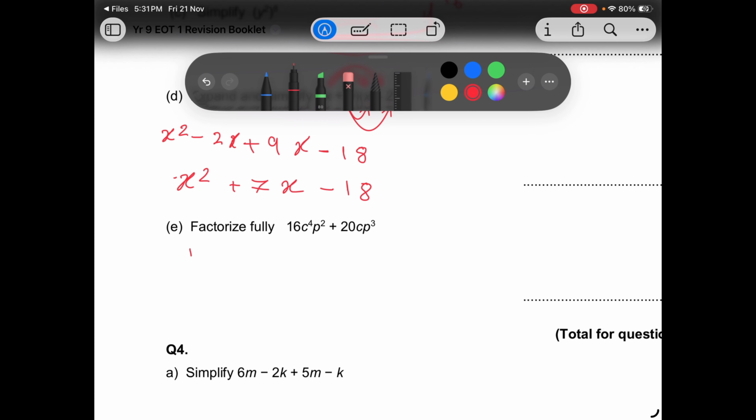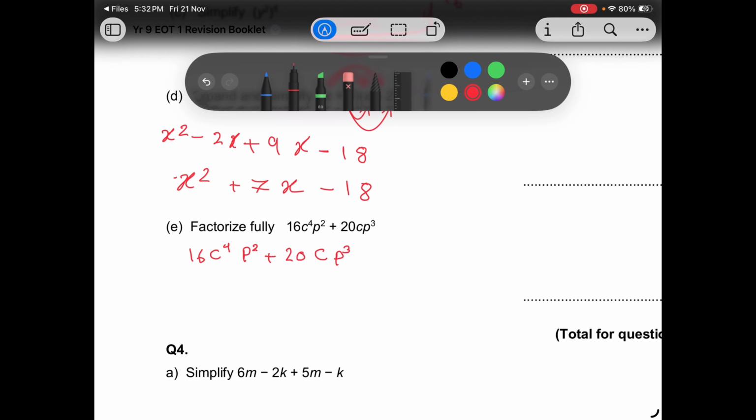So I have 16 c to the power of 4 p squared plus 20 c, which is c to the power of 1 basically. You don't have to write this one, it's up to you. P to the power of 3.